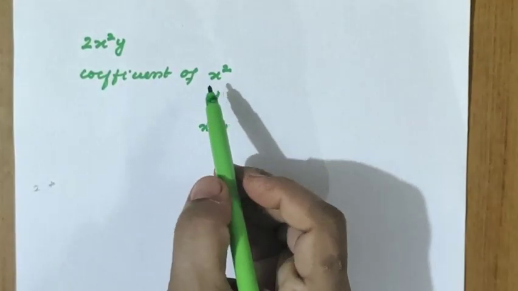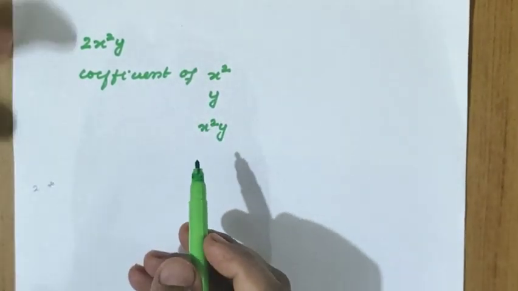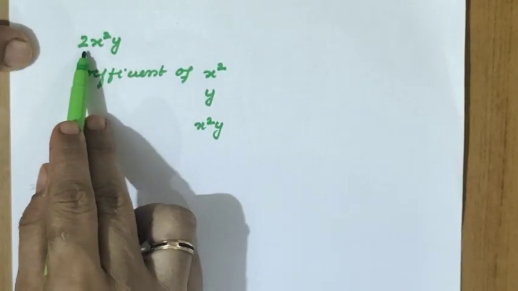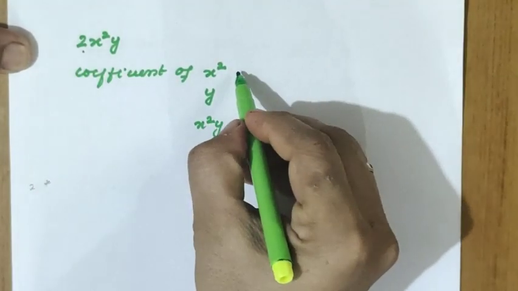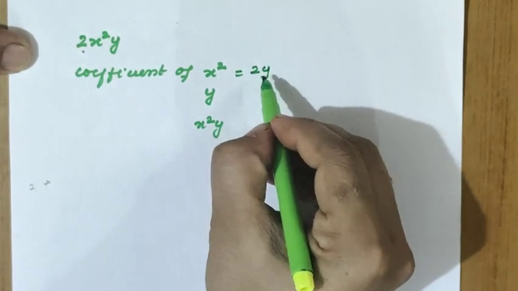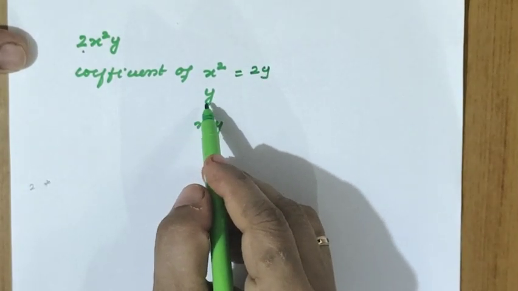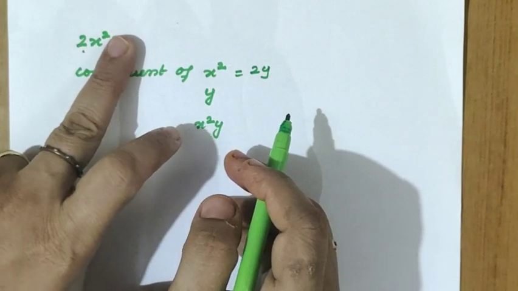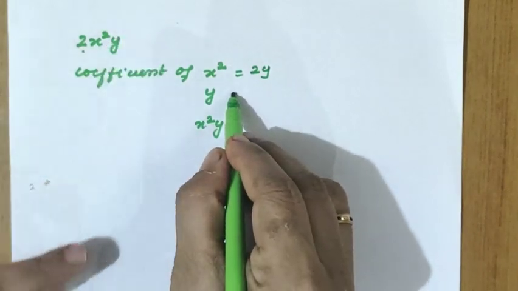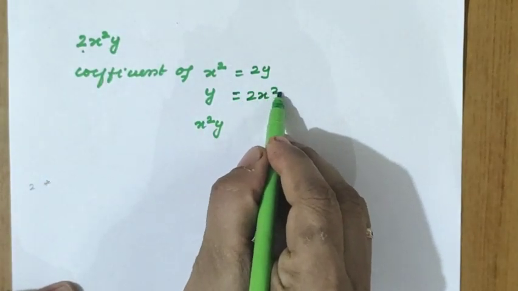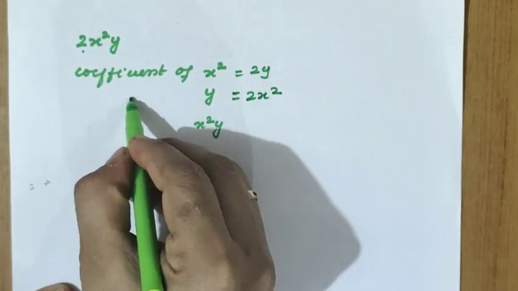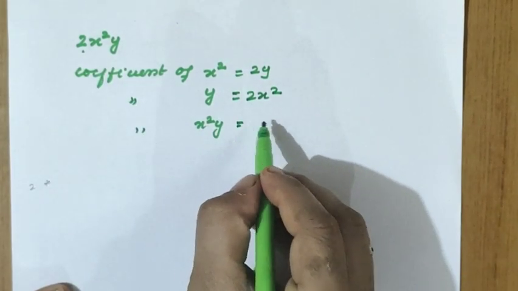We can see some other example also. 2x square y. What is the coefficient of x square? Other than x square, what terms are present? 2 and y. So we will write 2 into y. Now coefficient of y we are asking, other than y, what is there? 2x square. So we will write 2x square. Now coefficient of xy means 2.